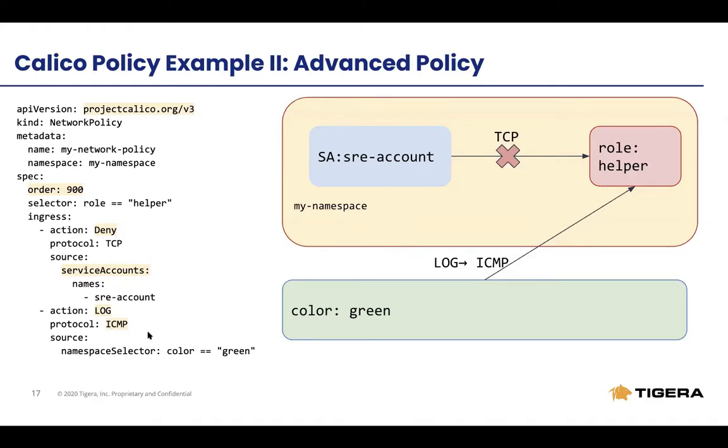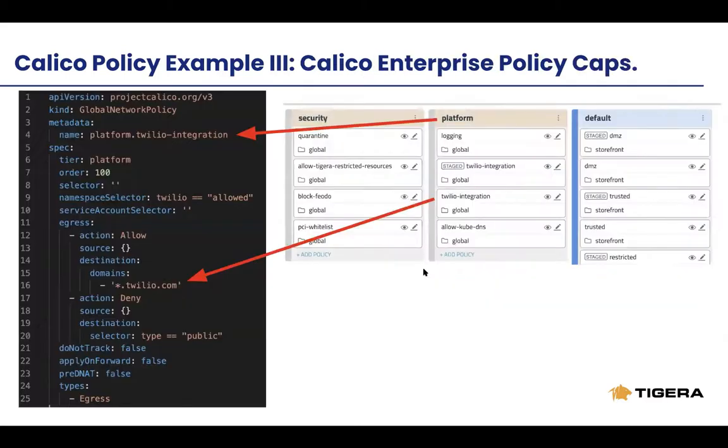You'll see every time there's an ICMP connection coming from anywhere in this namespace to the specific pod. So this is more advanced. You can see there are more advanced capabilities. It's very granular, and with the amount of features that you have, you can be very, very specific on what you can do and get the logs for some of the actions that the policy enforcement does for you.